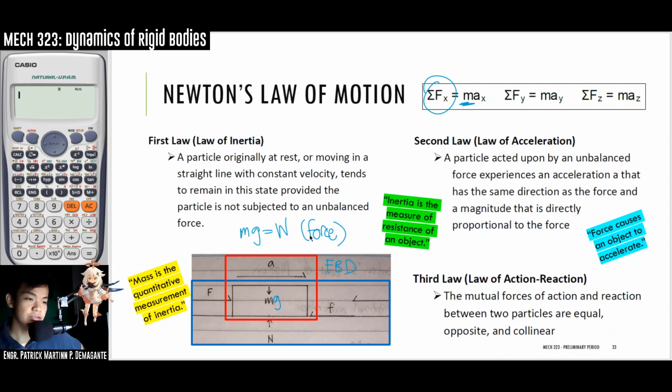It is also known as the kinetics diagram. So, kinetics diagram, syempre, meron na tayong acceleration. Ibig sabihin, alam na natin kung saan papunta yung ating object, kasi si acceleration ay isang vector quantity. Okay? Then next.